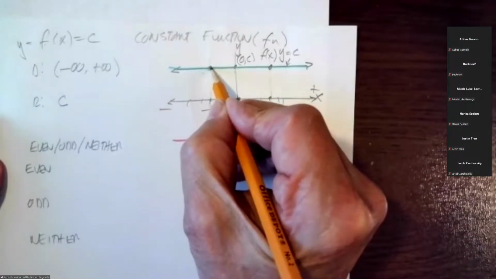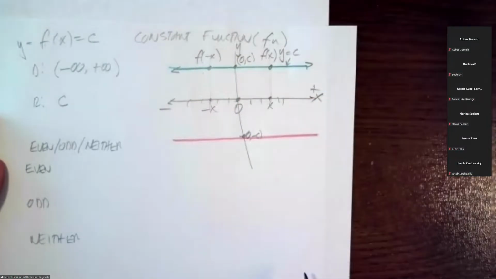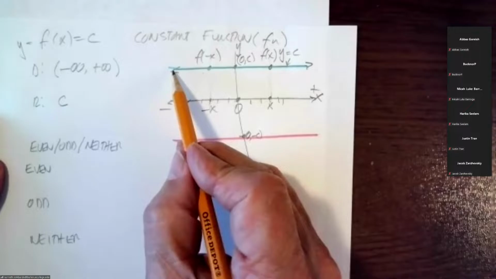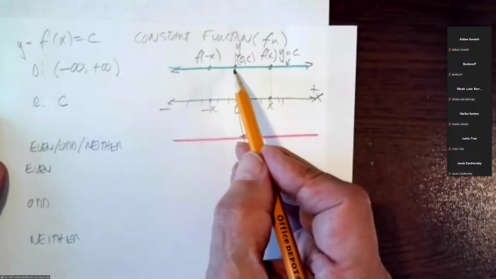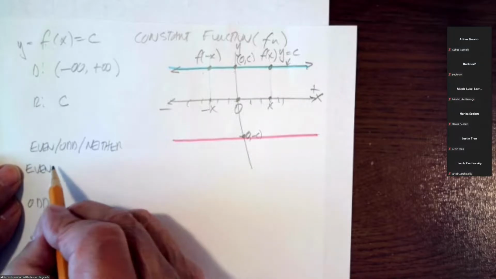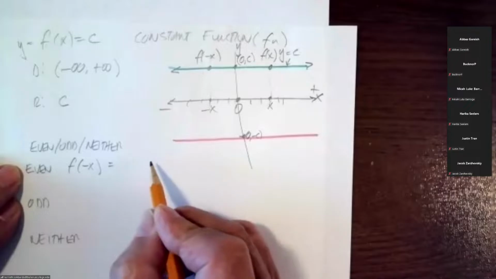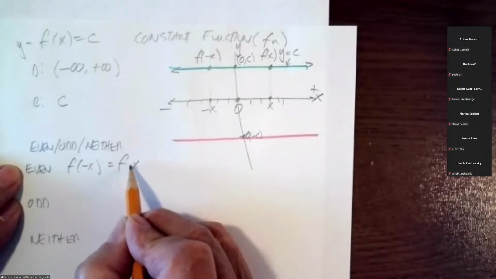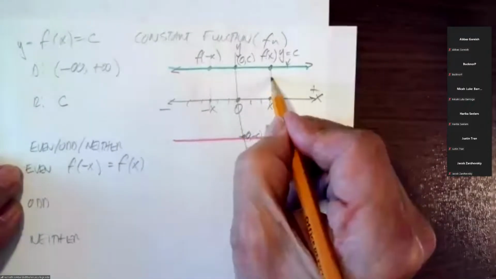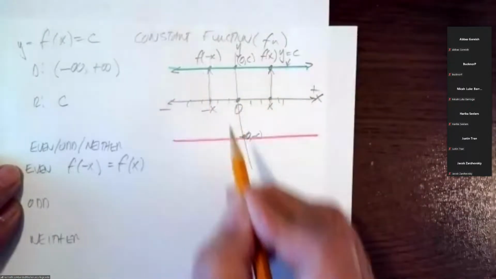And here's the point f evaluated at negative x. So for this y equals c function, remember that for an even function, we said that f evaluated at negative x equals f evaluated at x, meaning this distance is the same as this distance.